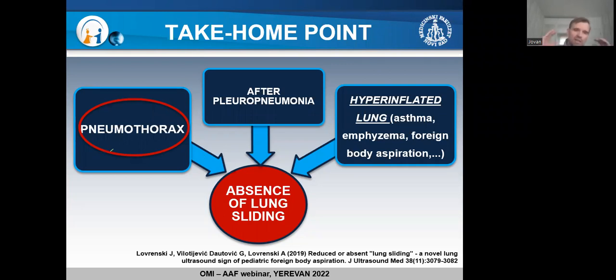But you should have in mind that absence of lung sliding or reduced lung sliding compared to the contralateral hemithorax can be seen, for example, during and after extensive pleural pneumonias, and can be seen in a hyperinflated lung due to asthma, emphysema, foreign body aspiration, or whatever. So please have this in mind.